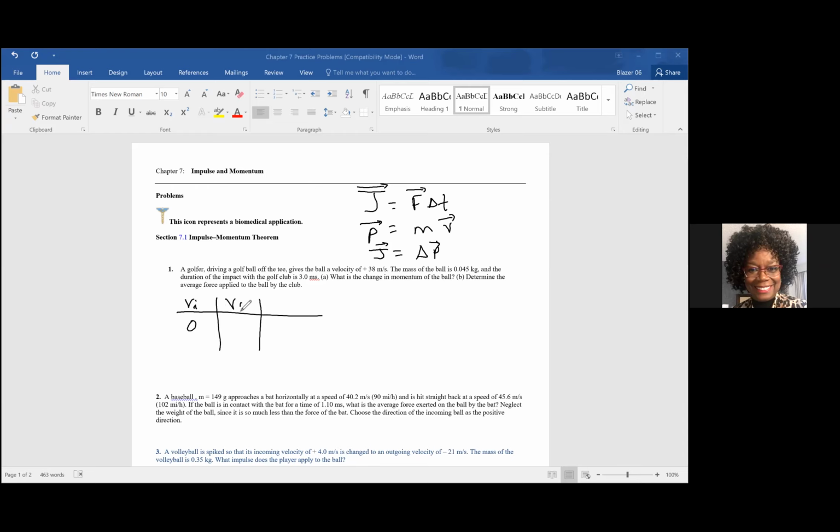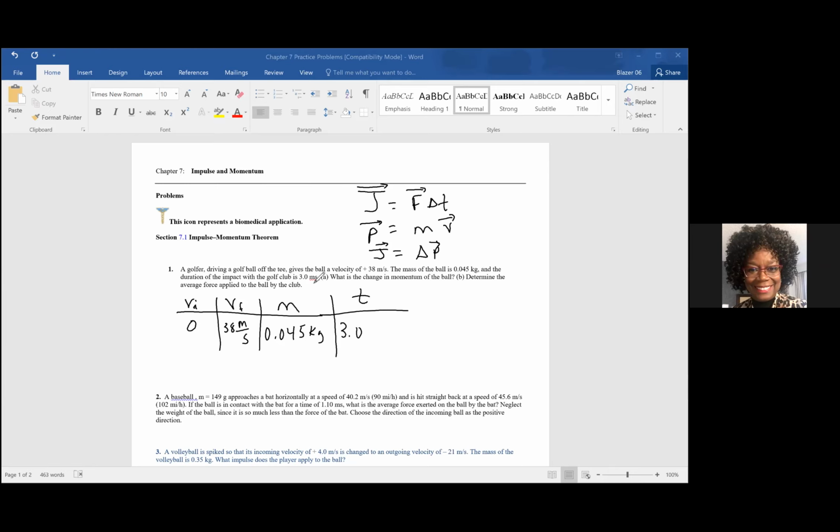And then he gives it a velocity of 38 meters per second. The mass of the ball is 0.045 kilograms. And the duration of the impact with the golf club is 3 lowercase m.